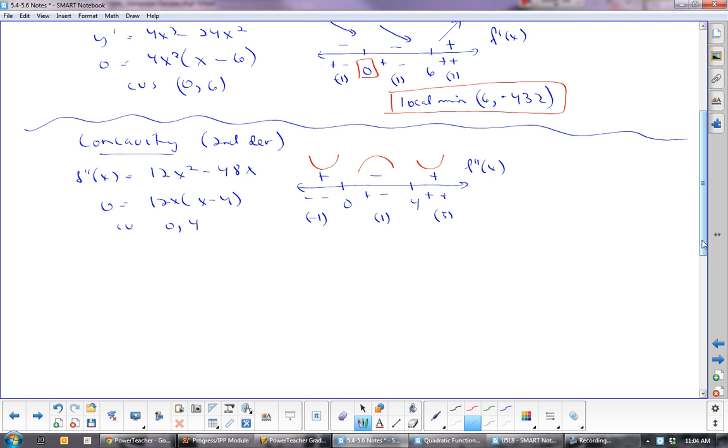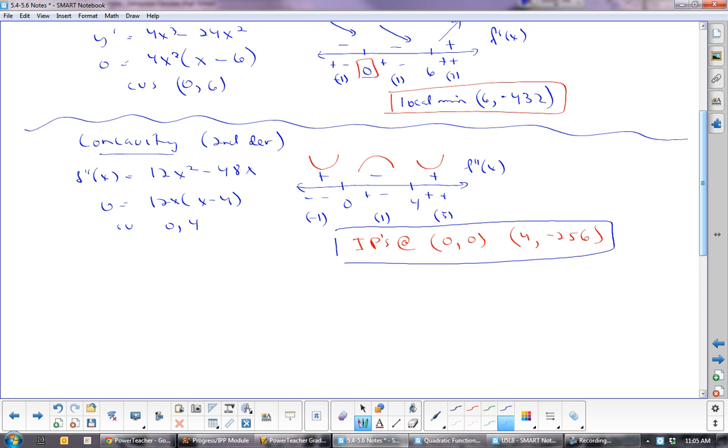So I got inflection points at 0, comma 0, and 4, comma, if I plug it in, that's negative 256. And I want that for my graph.